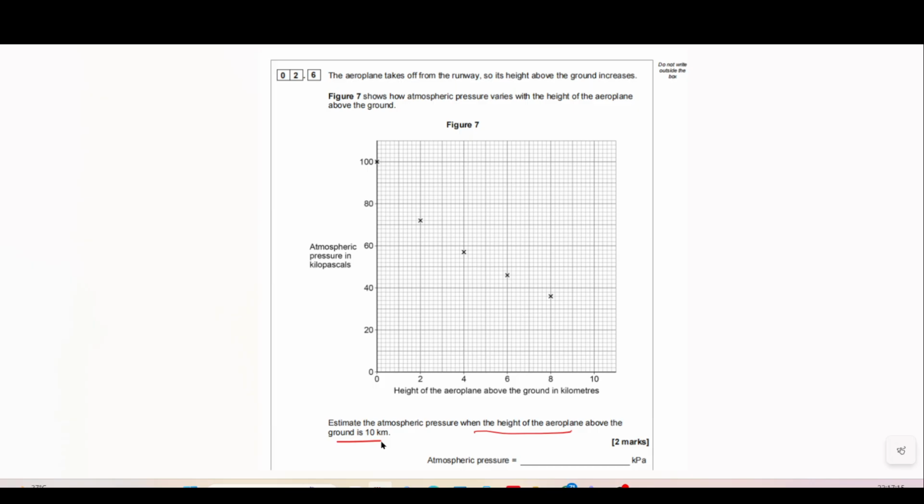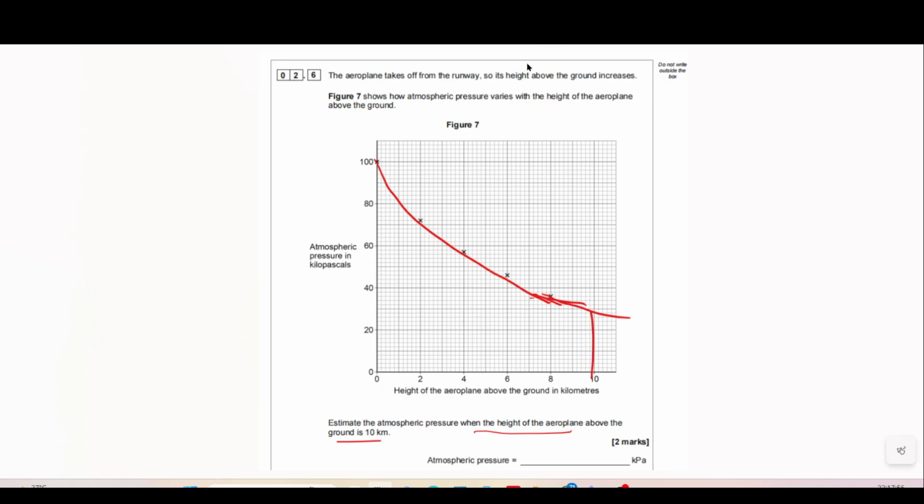The pressure, okay, let's see. If it goes like this, the graph is going to be a bit curved. Oh no, you have to take it like this, the value would go like this, okay?